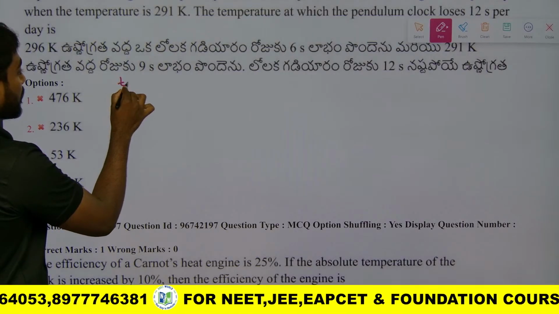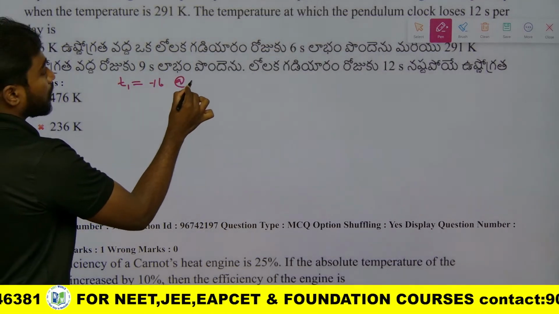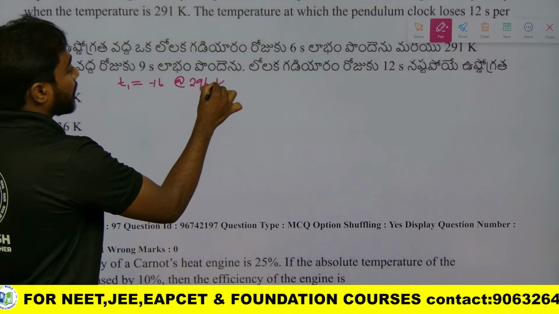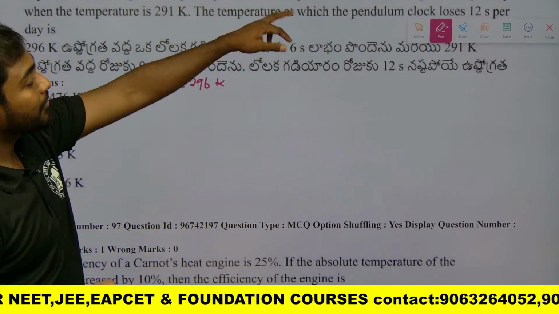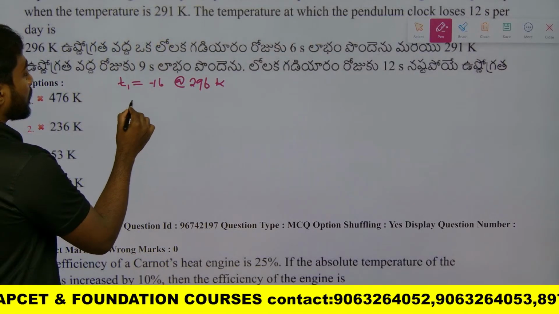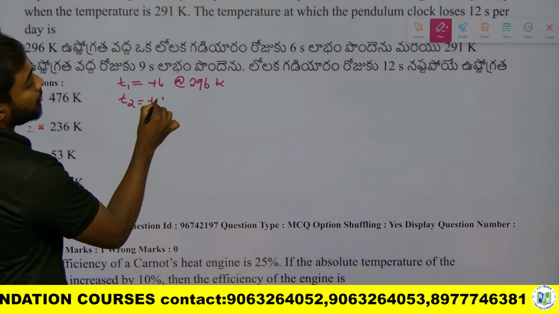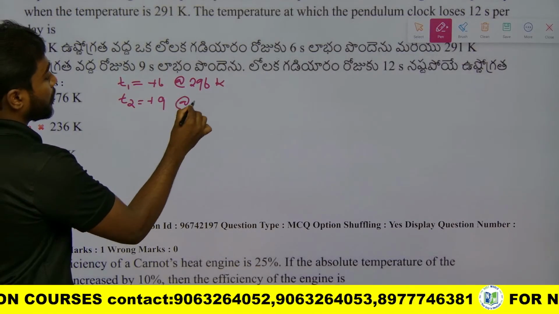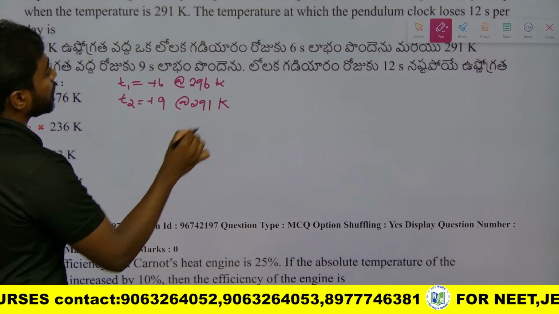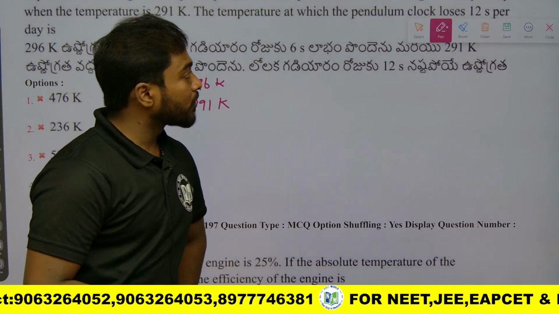I'll take T1 is equals to plus 6 at 296 Kelvin. Okay, and gains 9 seconds per day when temperature is 291 Kelvin. Okay, T2 is equals to plus 9 seconds at 291 Kelvin. The temperature at which the pendulum clock loses 12 seconds per day.